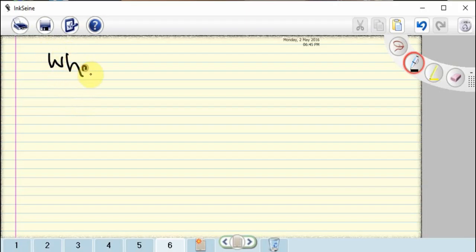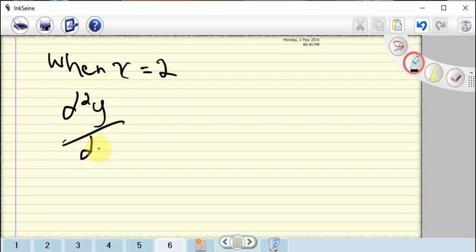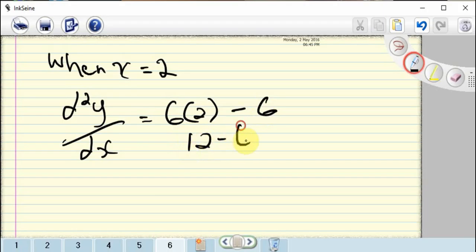When x equals 2, then the second derivative is going to be equal to 6 multiplied by 2 minus 6. So that's 12 minus 6, which is 6.